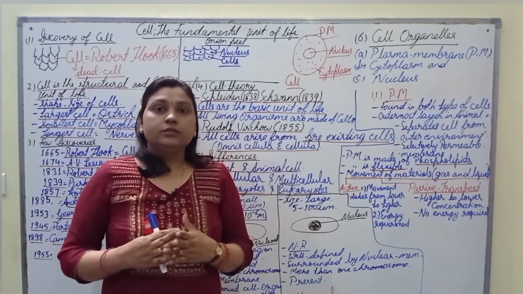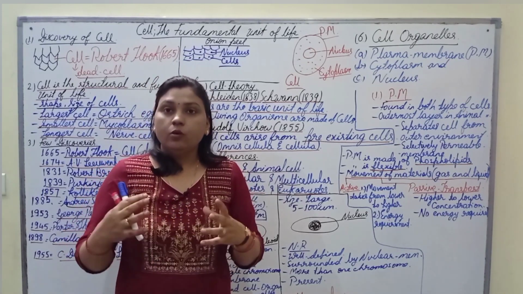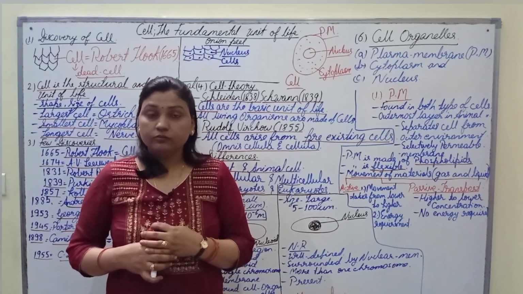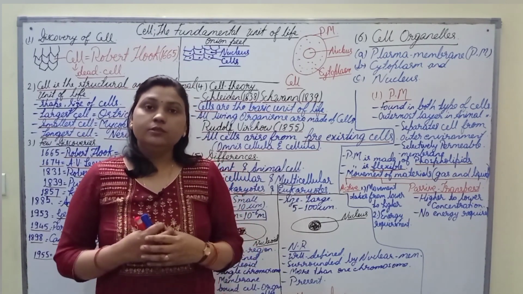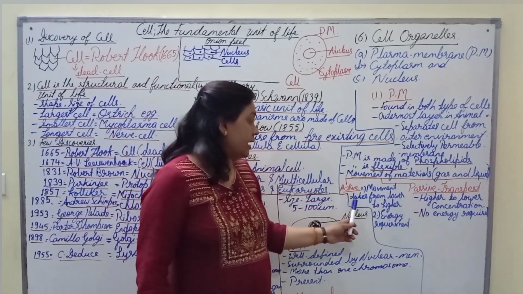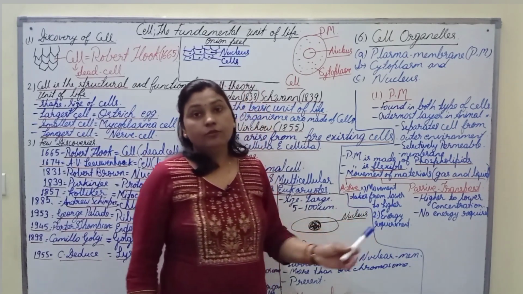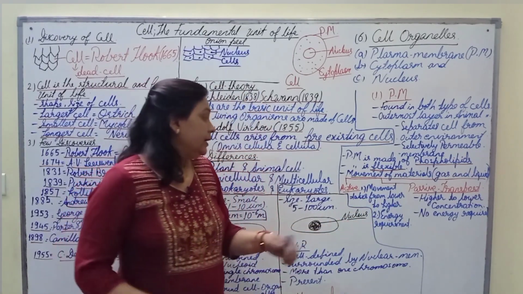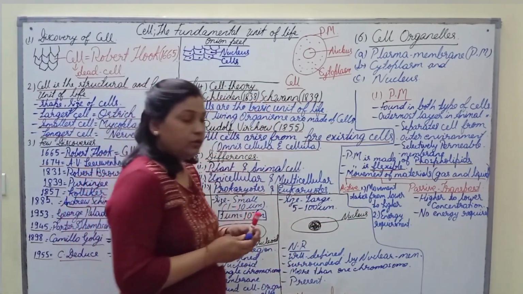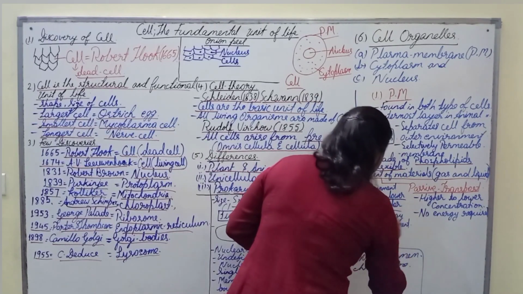So let us discuss how materials enter or exit through the plasma membrane. This process is basically of two types: active transport and passive transport. In active transport, movement of materials in the form of gases and liquids takes place from the lower region of concentration to the higher region of concentration.